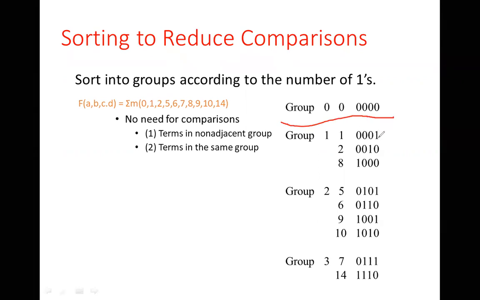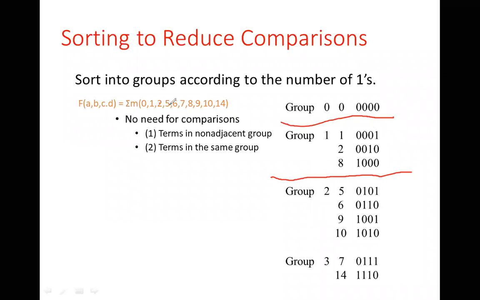There is a single one. Next is 2. 2 is 0, 0, 1, 0. This is a single one. So this becomes group 1 with a single one. You can group it as group P, group Q, you can use any name. I've used 0, 1, 2 so that it represents the number of ones. You can use any label, no problem.